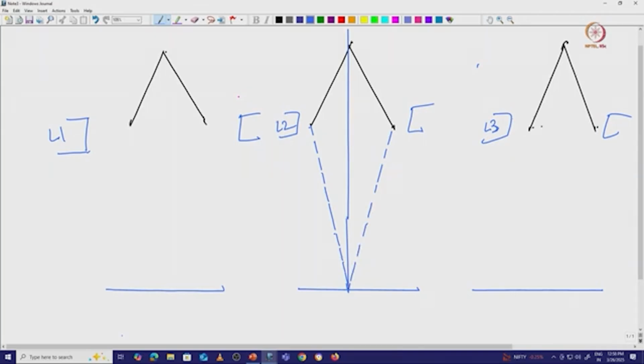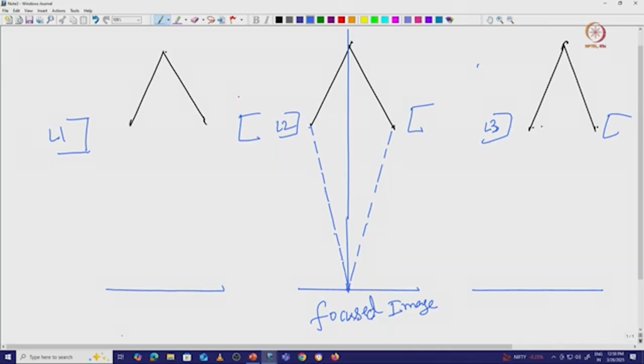This is called a focused image. Now, we are using a magnetic field in such a way that all the rays can come here and merge in one particular position, that is called the focused image.